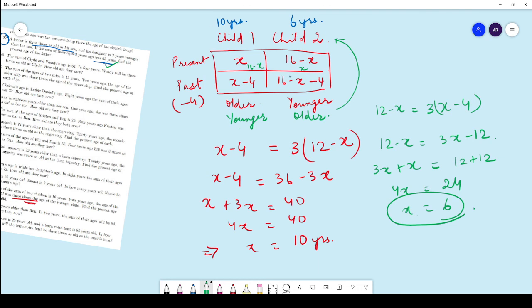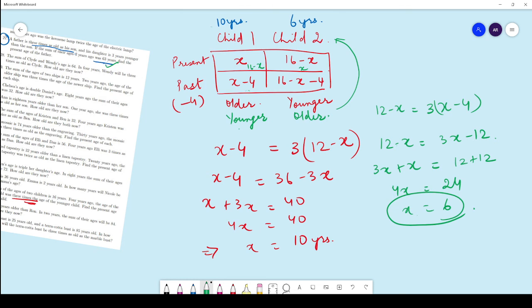This one is the younger child, this one is the older child. So you have the younger child as x minus 4 being thrice 12 minus x. So you again have the younger child's age as 6 years and the older child would be 10 years old.